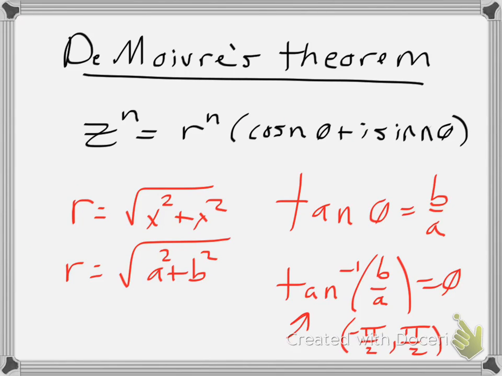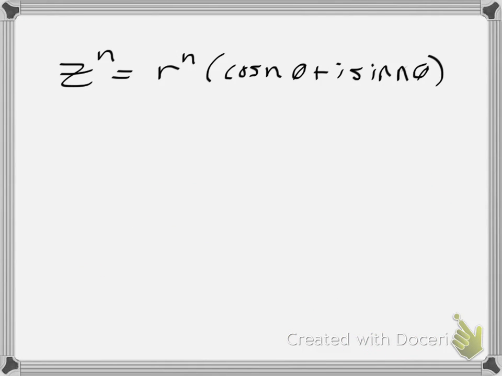Now I'll set it to the formula. So my r, again, was 2, theta was 5 pi over 3, and n is 4.